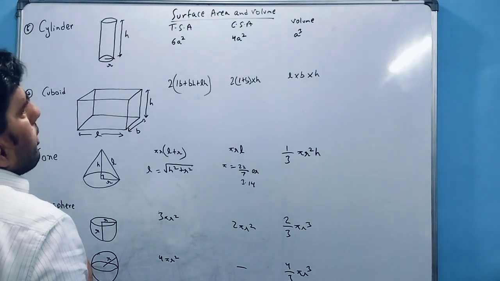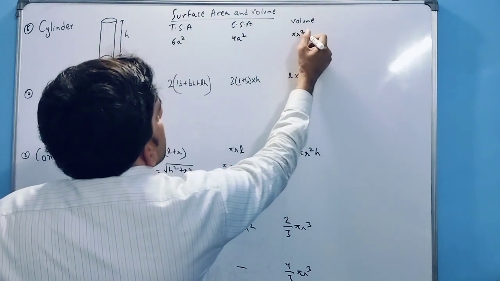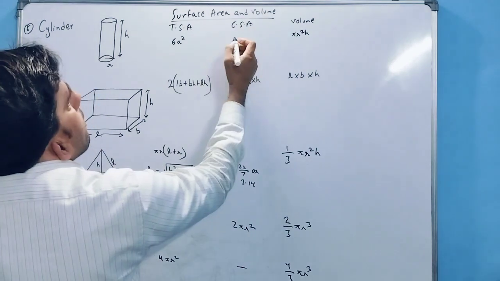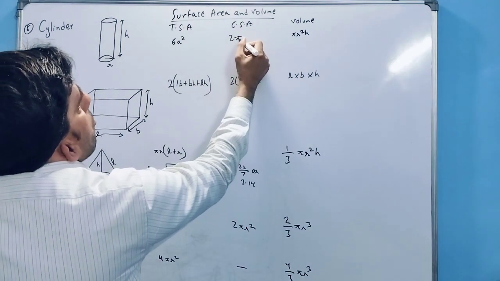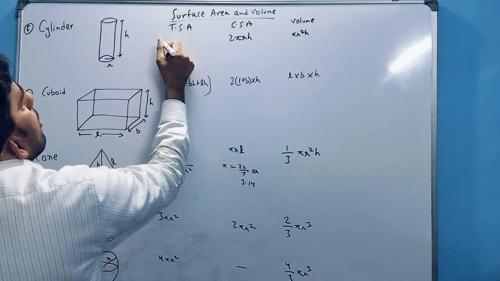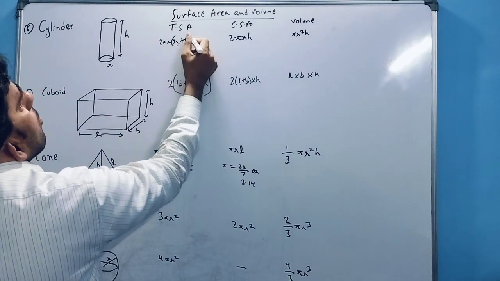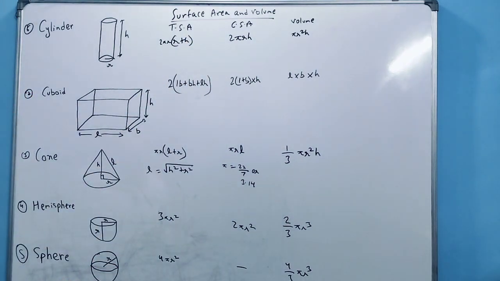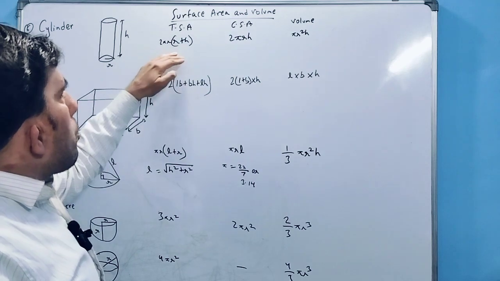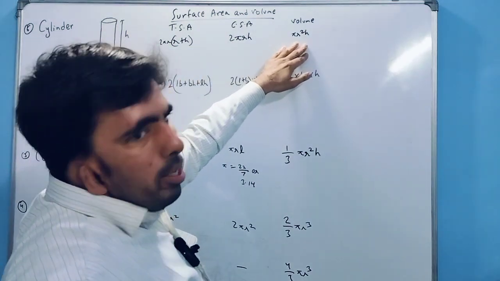Let us calculate its formulas. Its volume is pi r square h, CSA will be 2 pi r h, and its TSA will be 2 pi r (r plus h). For the cylinder we have TSA 2 pi r (r plus h), CSA 2 pi r h, volume pi r square h.